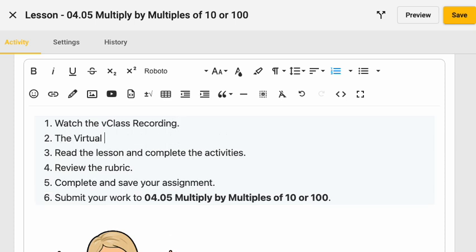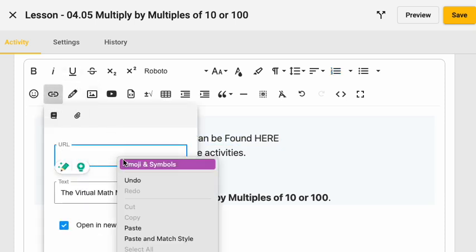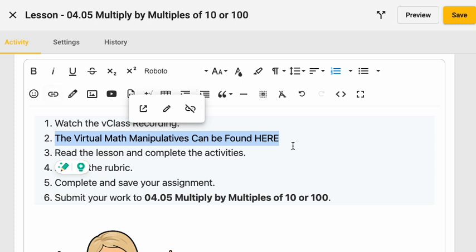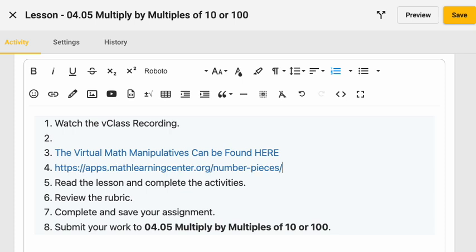The virtual math manipulatives can be found here. And we'll hyperlink it so that you have it. And I will also put just a direct link. That way they're there in 2 spots.